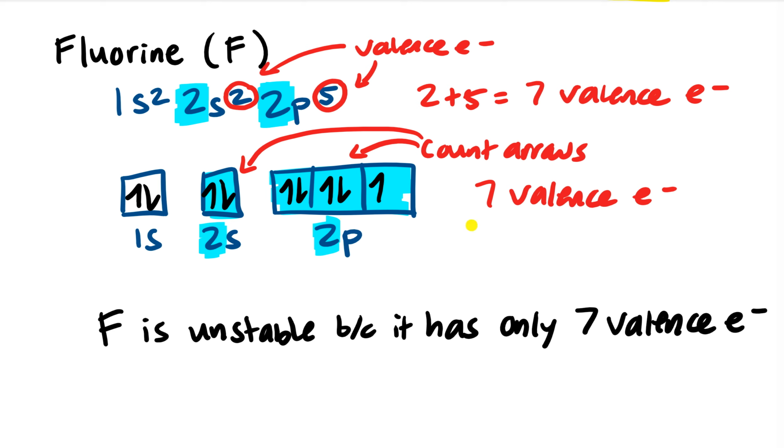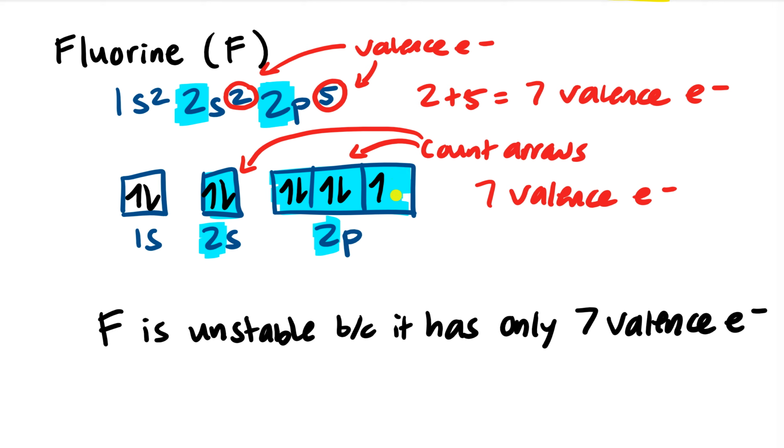It has a total of 7 valence electrons. It's just 1 electron away from having 8 valence electrons and becoming stable. That's the ultimate goal of these atoms. That's the whole reason why atoms bond. It's to become stable, and to become stable, they have to fulfill that octet rule. They have to fill that highest occupied energy level with 8 valence electrons.